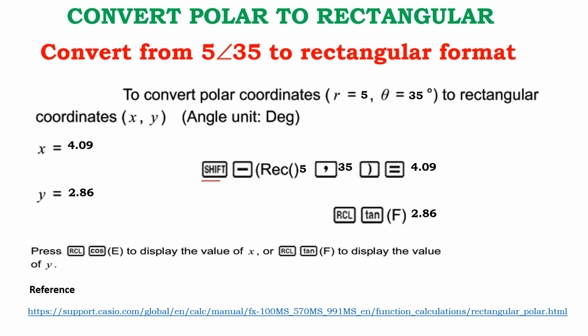Press shift, then the rectangular button, then press 5, 35, close the bracket and press equal to. You will get 4.09 as the real part, then press RCL and tan, and you will get the imaginary part 2.86. If you want to recollect the answers, you can press RCL cos to get the real part and RCL tan to get the imaginary part. This way you can convert polar to rectangular.